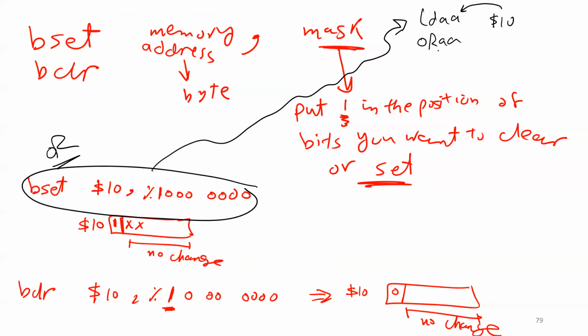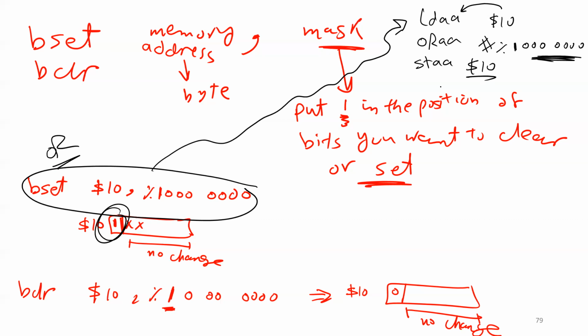And then now the bits, and then you have to put here an immediate value. Okay, which bit you want to set to 1? The bit you want to set, you have to put 1. The bit you don't want to change, you have to put 0. This is how OR works. Okay. And then now the result is in A, so I have to return it back to 10.